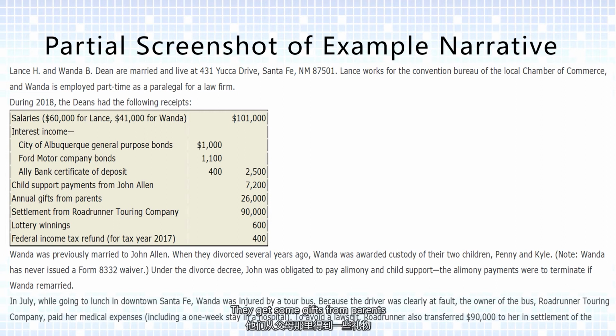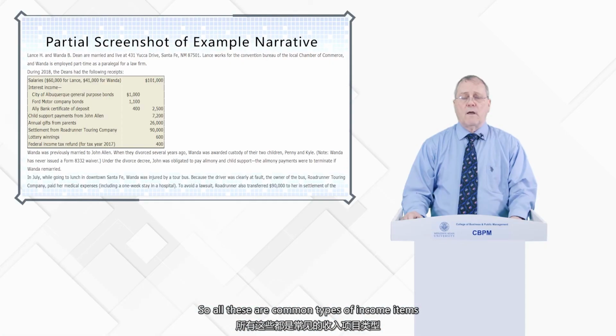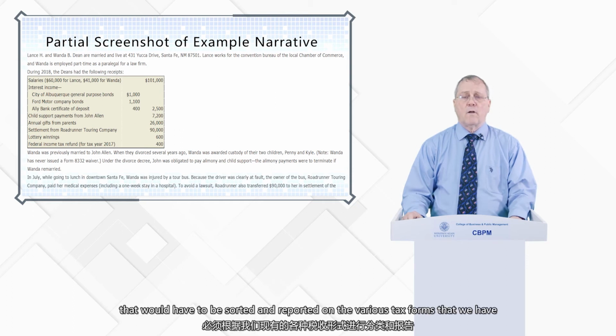They get some gifts from parents. They have a legal settlement from an accident. They also have some lottery winnings and tax refunds from prior years. So all these are common types of income items that would have to be sorted and reported on the various tax forms that we have.